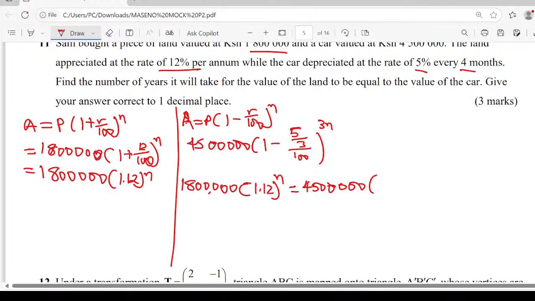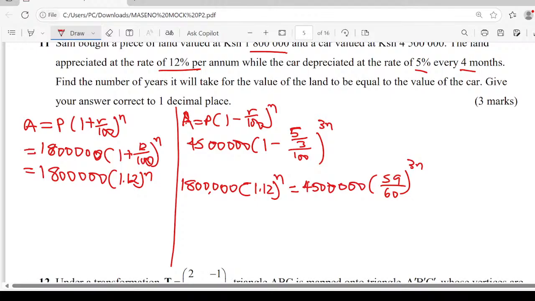The 5%, you divide that by 3, 1 minus that. Let me see. So I'm getting 59 over 60 power 3n.